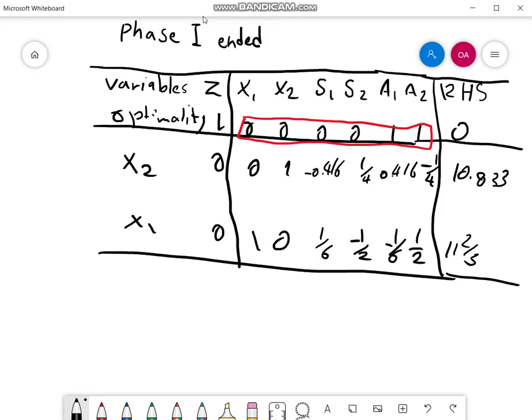If I want to write this as an equation, let's rewrite it from the beginning.